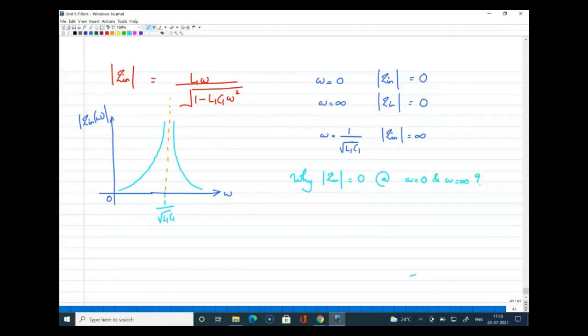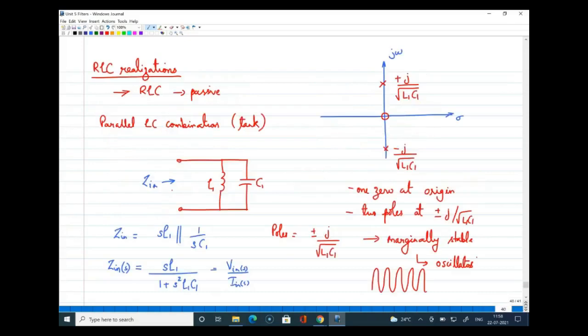By looking at the circuit diagram, you have an inductance and a capacitance in parallel. How does an inductor react at omega equal to 0?